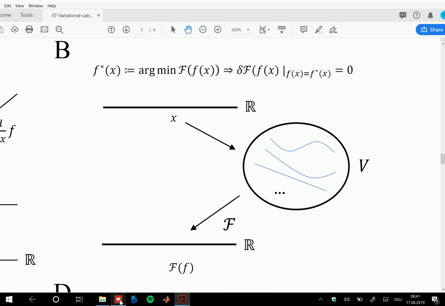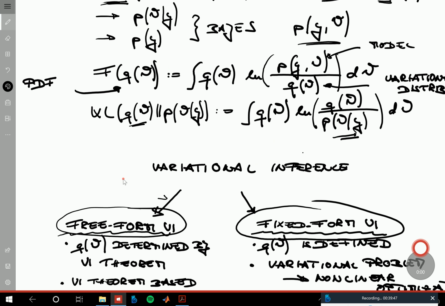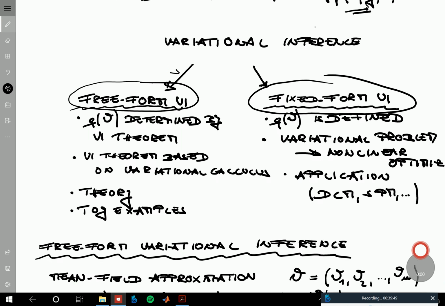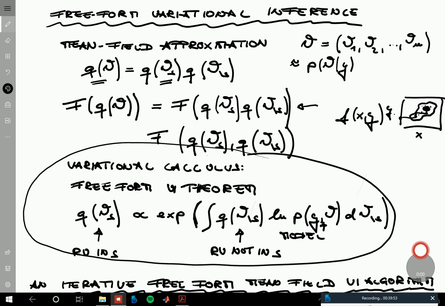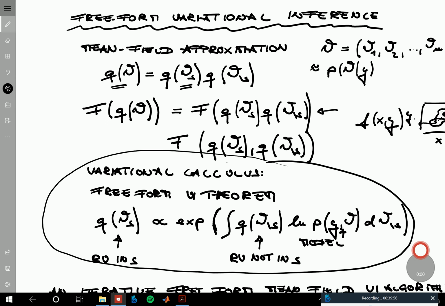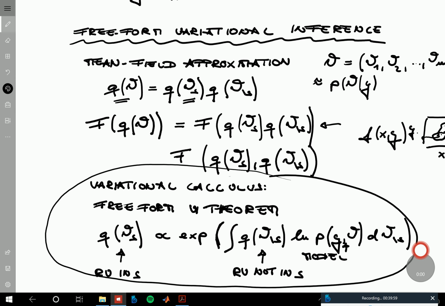And of course we have this problem here because what we want to do is to maximize the variational free energy. The fundamental problem is to find the maximum of the variational free energy with respect to its input, which are the variational distributions and their density functions. So these are functions.